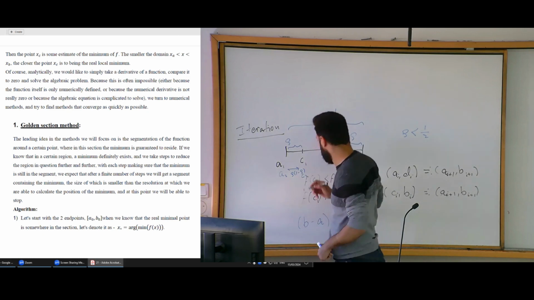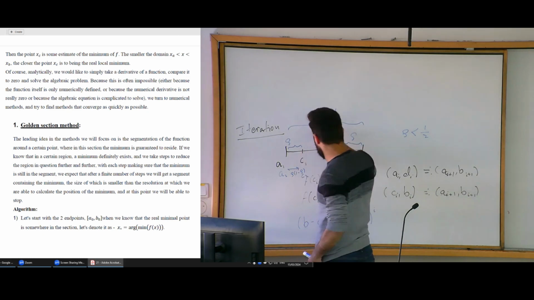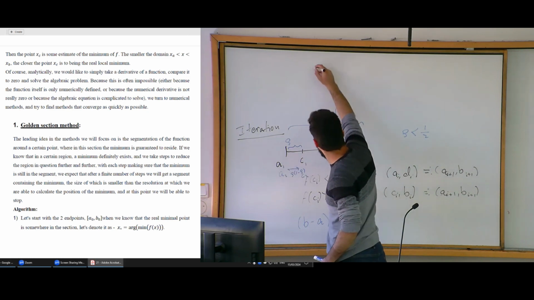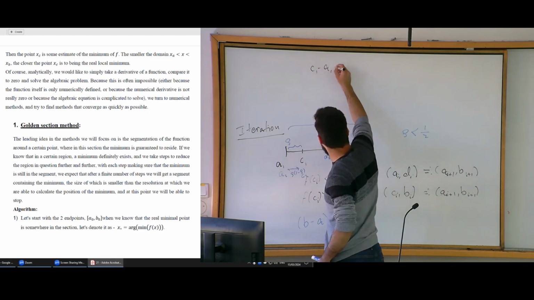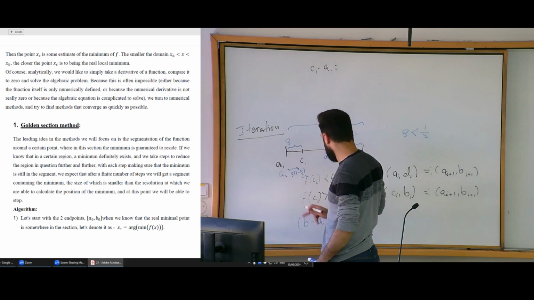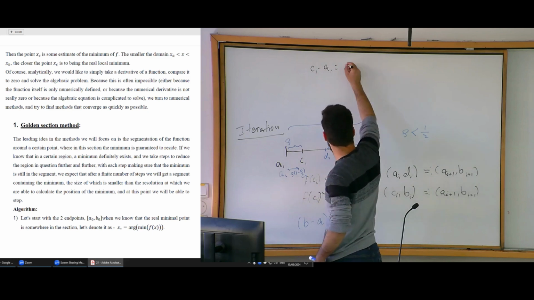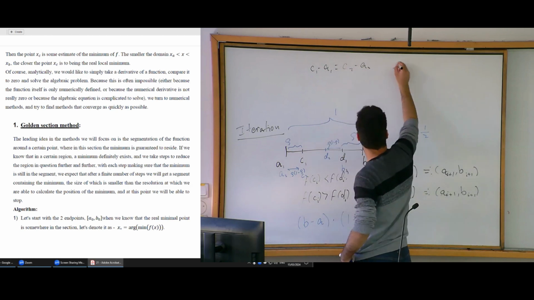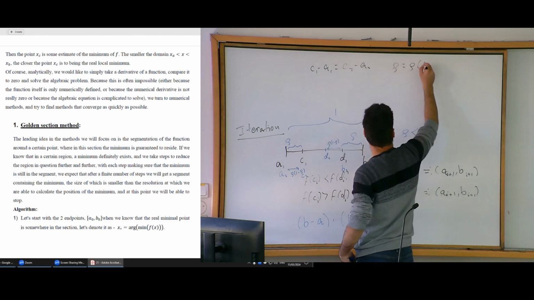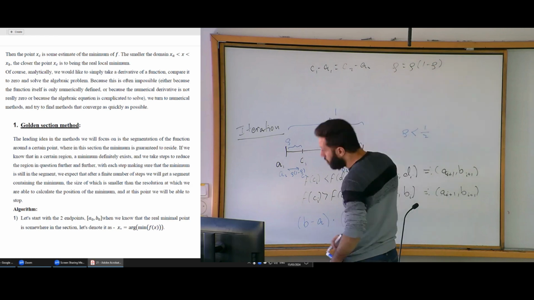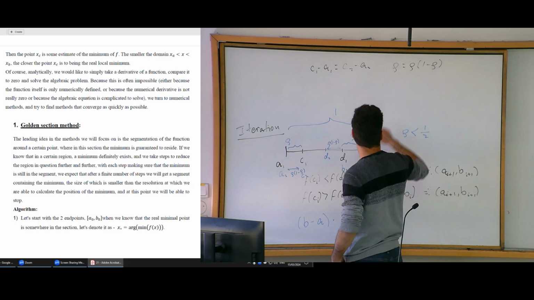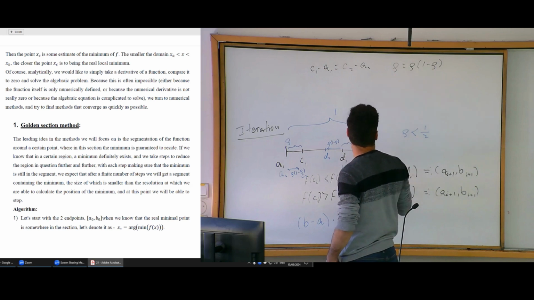So I want the C1 minus A1 to be equal to the C2 minus A2, which means that rho will be equal to rho multiplied by 1 minus rho. And this cannot happen. So rho will be 0.